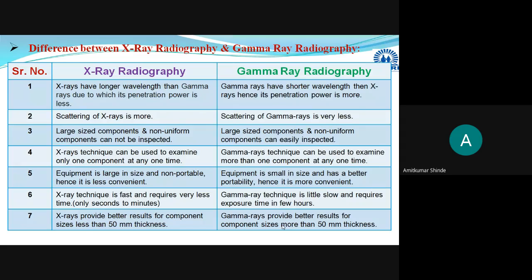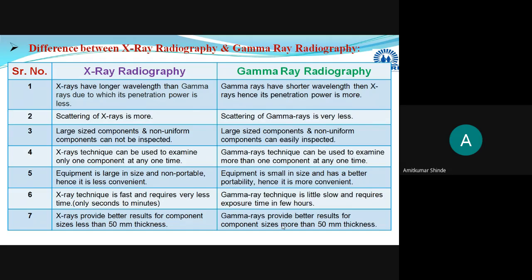Suppose you have assembled one part, and now you want to inspect whether that part is assembled properly or not. After doing the assembly, or after getting a finished product with various components, to check that component we are going to use neutron radiography.